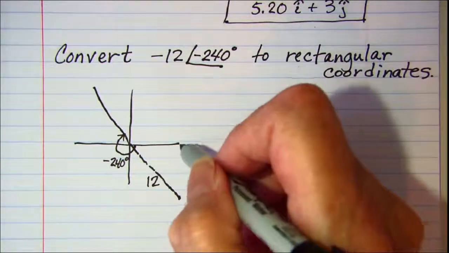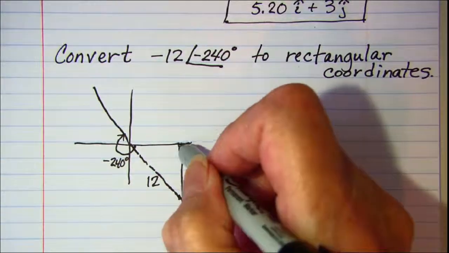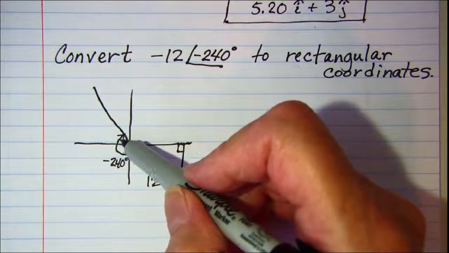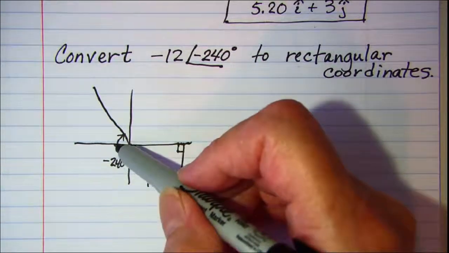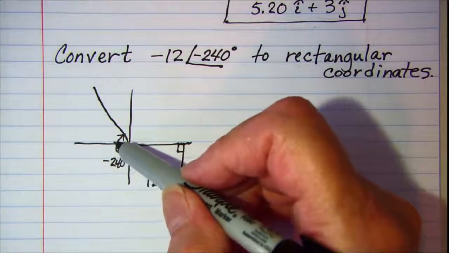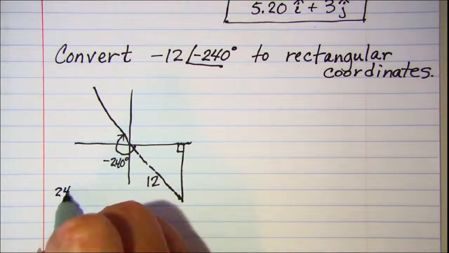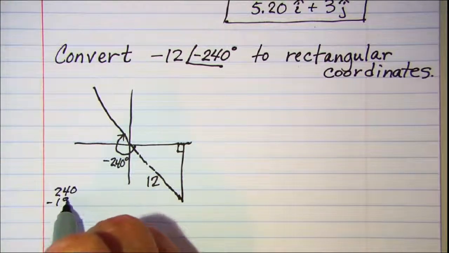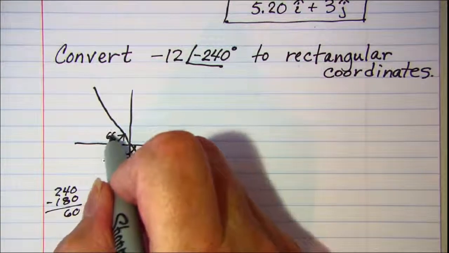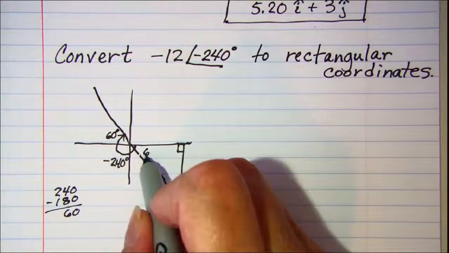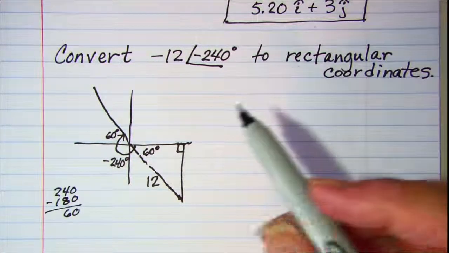To find our angle that we'll need, we'll need to find this reference angle. Well, we said this was 180 to the negative x-axis, and if we take 240 minus 180, we'll get 60 degrees. So this angle is 60 and this angle is 60. And so those are vertical angles and they're congruent.